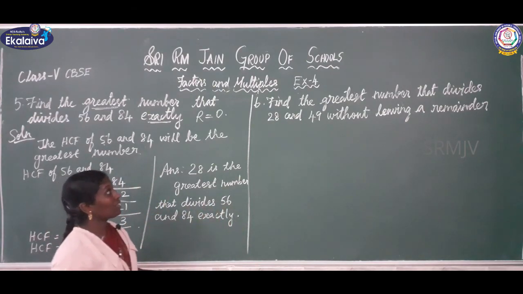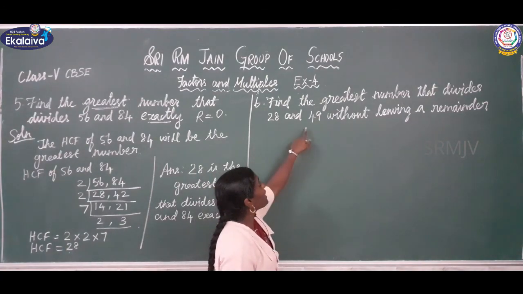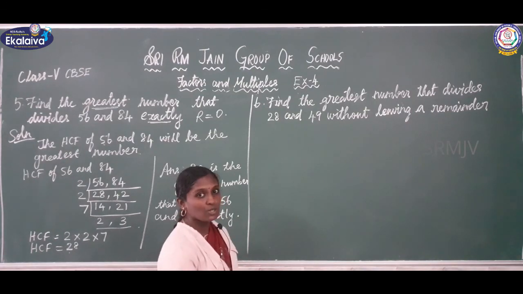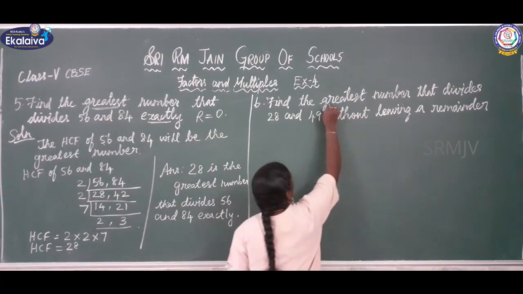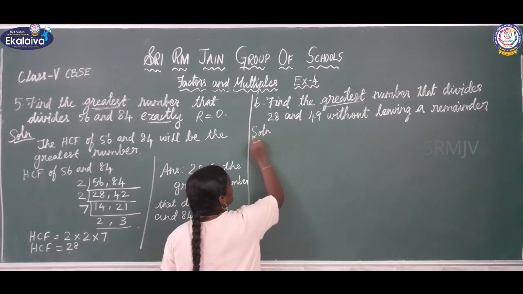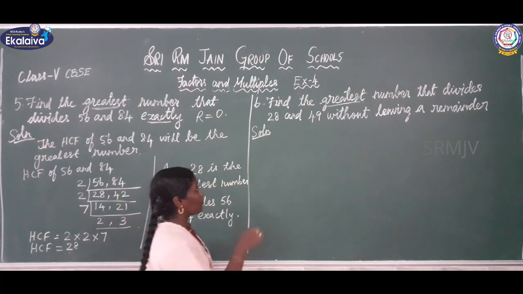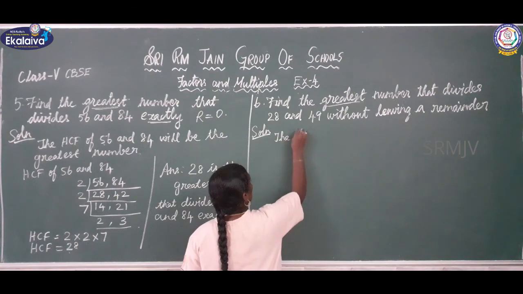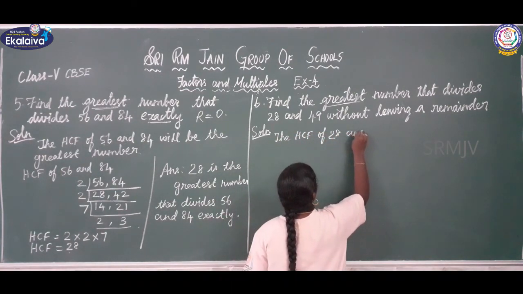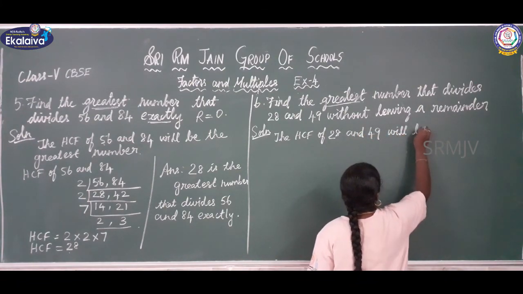Is it clear, children? The next question, find the greatest number that divides 28 and 49 without leaving a remainder. Here also the remainder is 0. Here also we are going to find the greatest number. So, the HCF of 28 and 49 will be the greatest number.